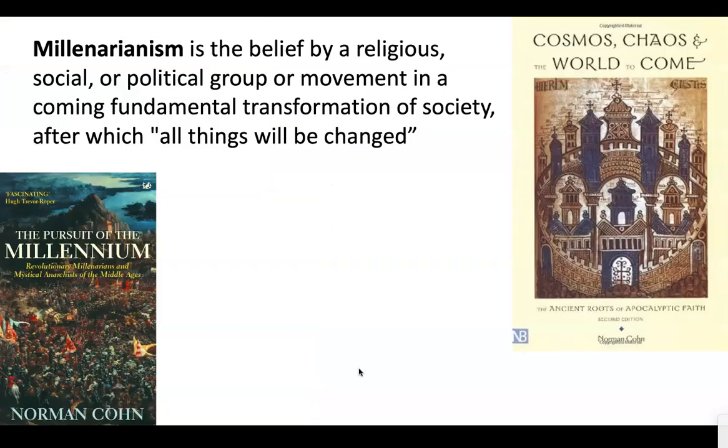Okay. So again, just a reminder, millenarianism: this idea that there's going to be some huge change, some transformation of society after some great event.